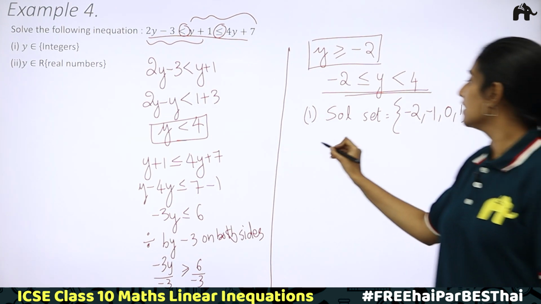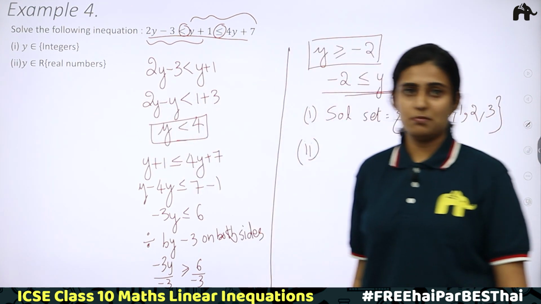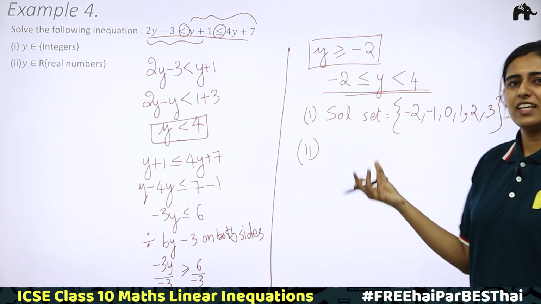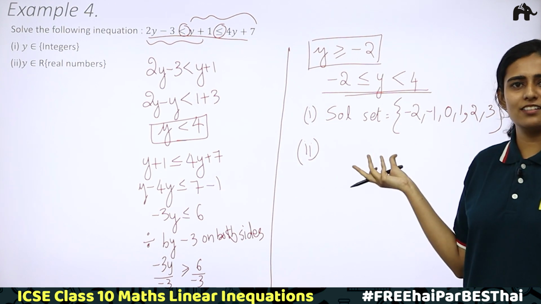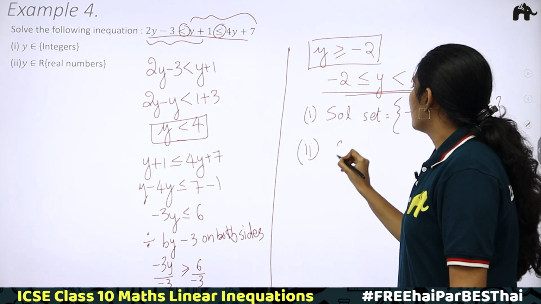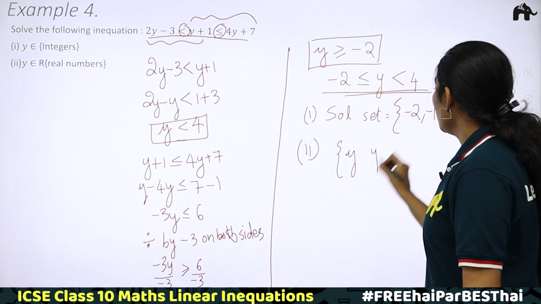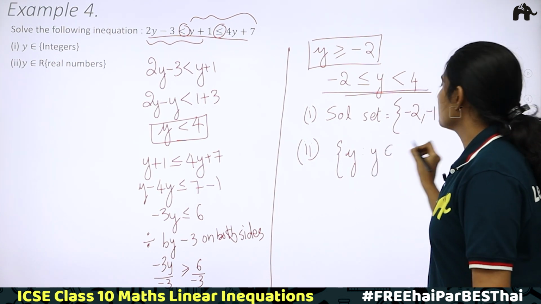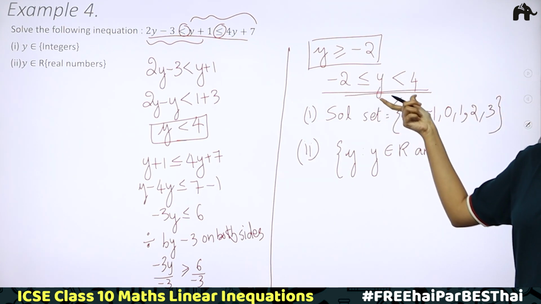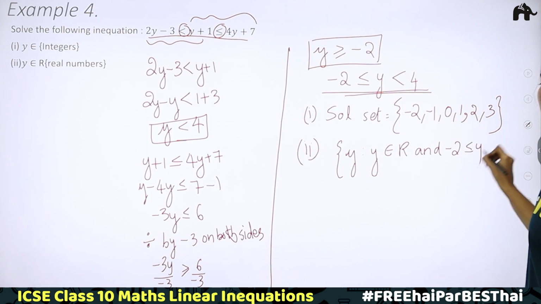The solution set is minus 2, minus 1, 0, 1, 2, 3. Now the second: y belongs to real numbers. Real numbers, we know, include decimals, fractions, everything. Can we write all the decimals and fractions here? No, right? So we'll write the condition as y such that y belongs to real numbers and the condition we found out, that is minus 2 less than or equal to y less than 4.